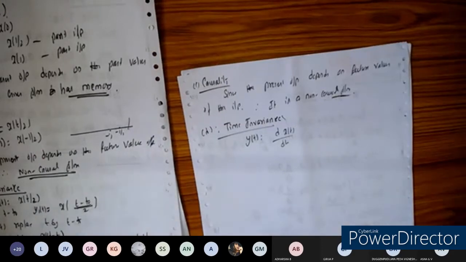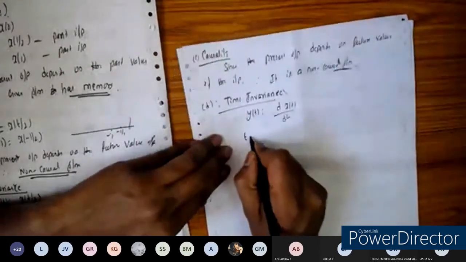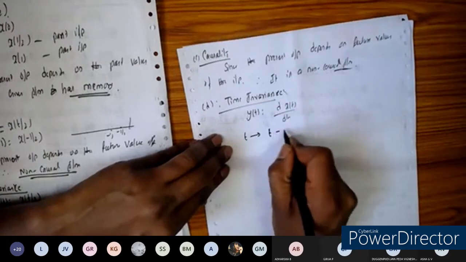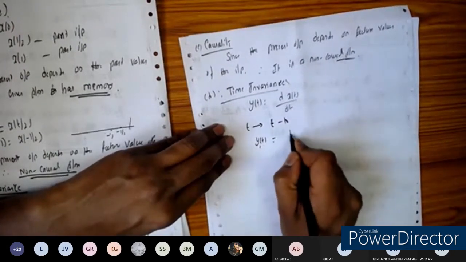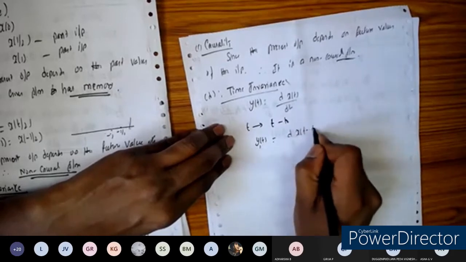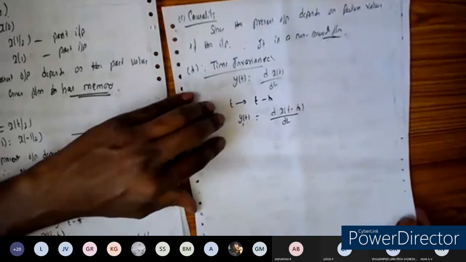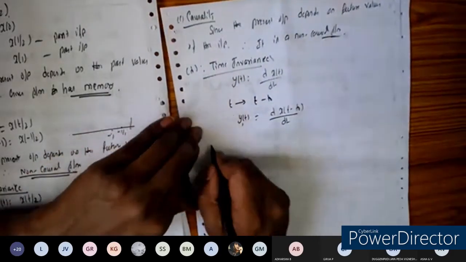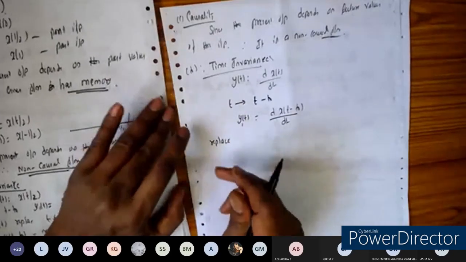Replace t by t minus t naught. So y1 of t is equal to d x of t minus t naught divided by dt.